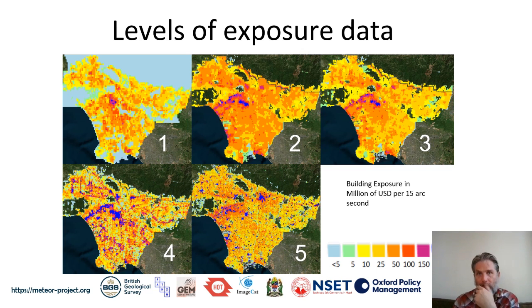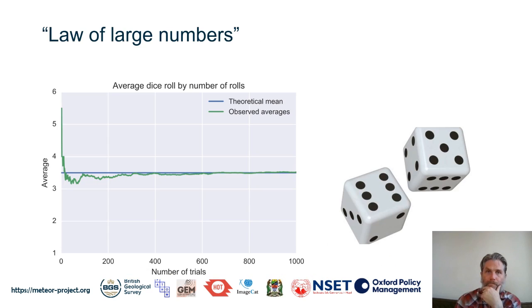Level 3, which attenuates that a bit, looks like down in most cases. Level 4, where you start to really bring things into focus. Of course, that's because it's aggregated up from building specific footprints. And then level 5 too, which is an interesting almost mix between level 2 and level 4, at least that's what it looks like visually.